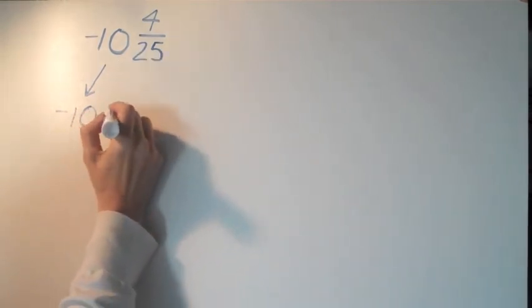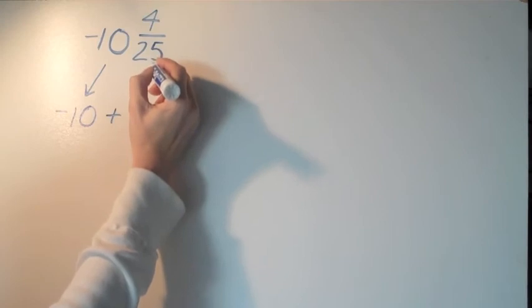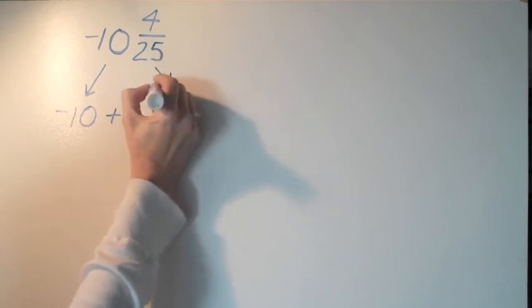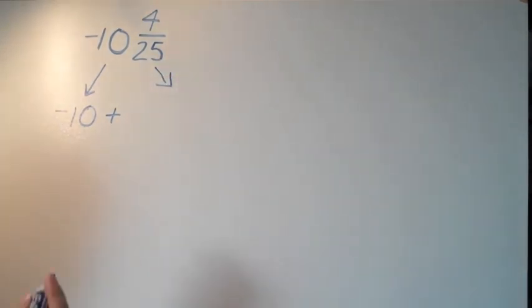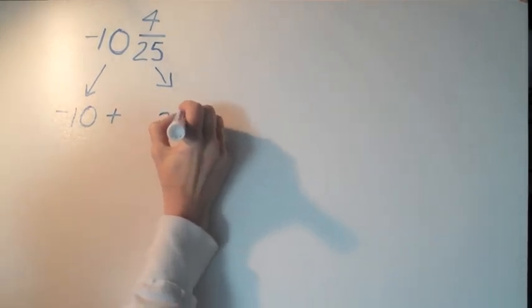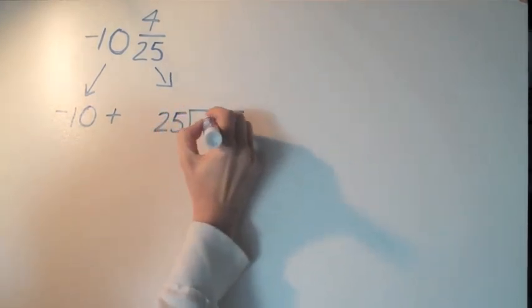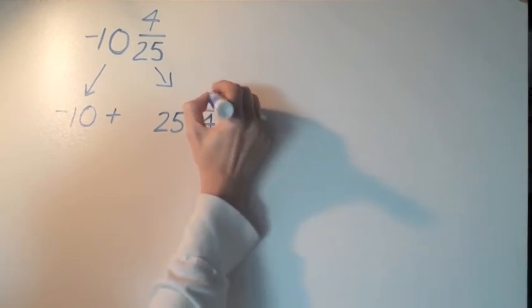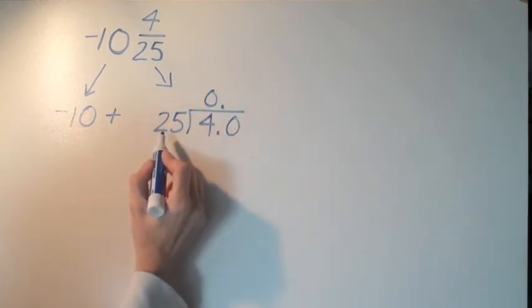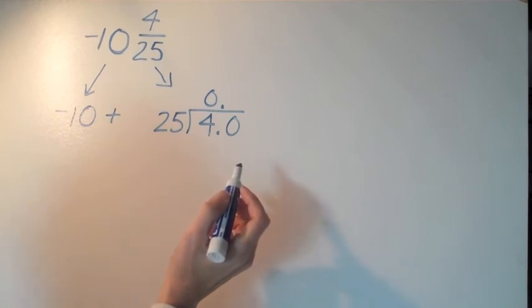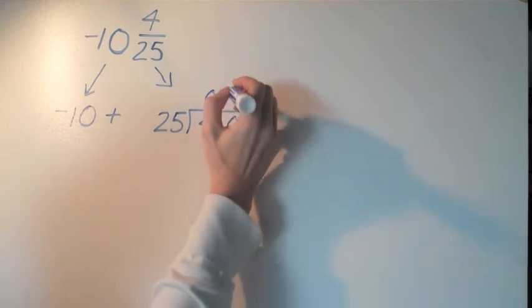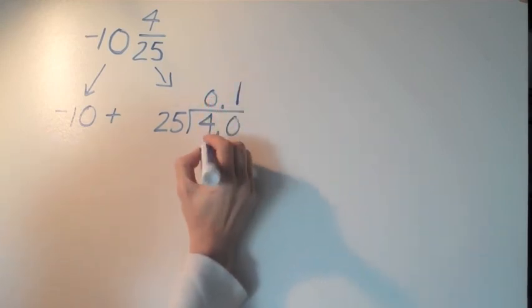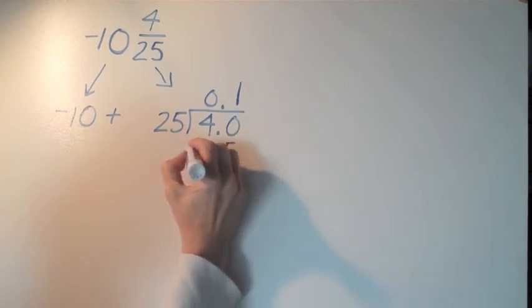It would be -10 plus, well, now we're just going to do the top dog in the doghouse with this fraction here. So you would have 25 into 4, add the decimal, put the decimal back on top, and you'd have 25 into 40, which would go only 1 time, because 1 times 25 is 25.